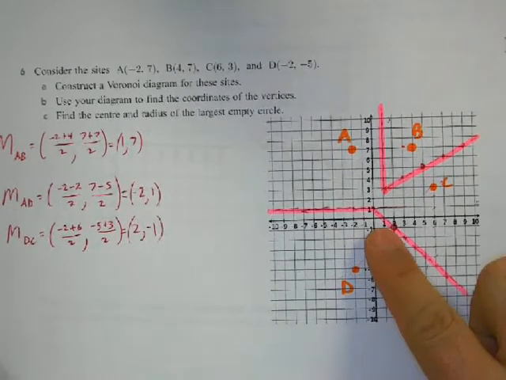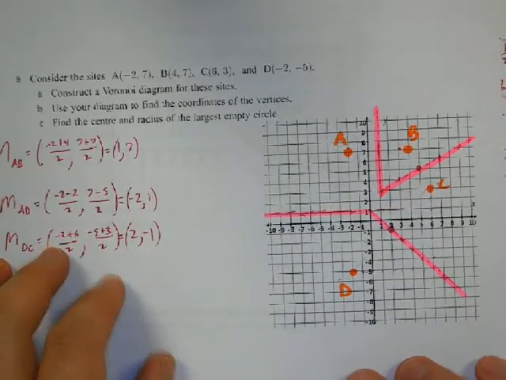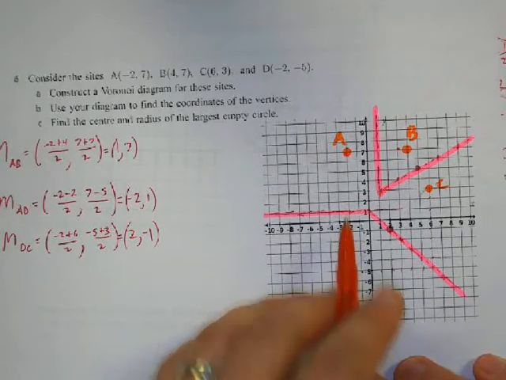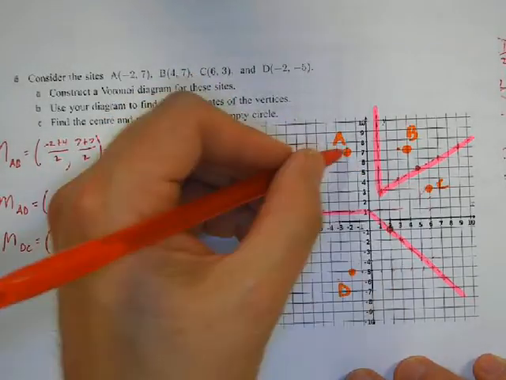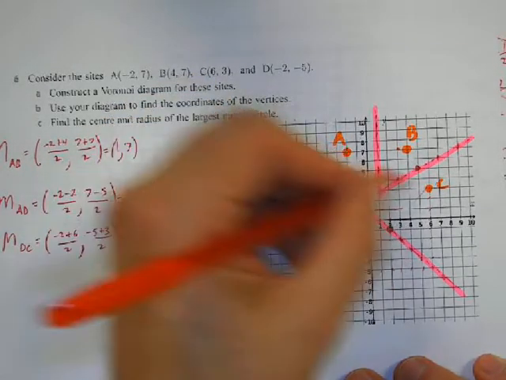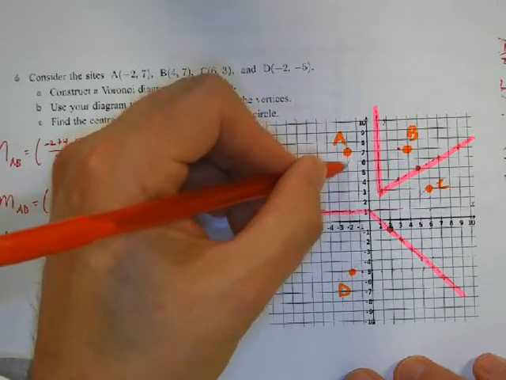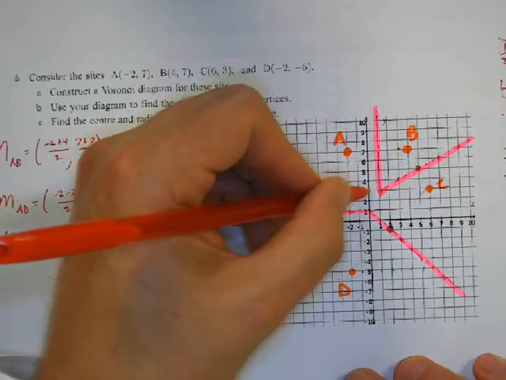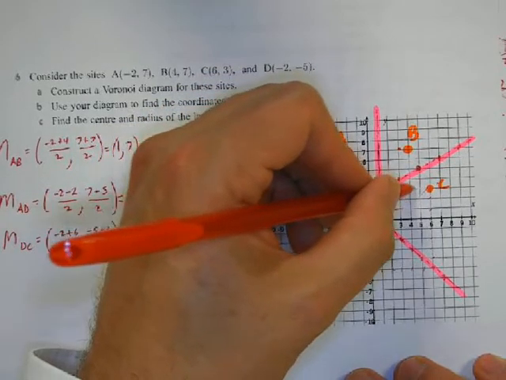What's last is the boundary line between A and C. This goes down 1, 2, 3, 4, and it goes over 1, 2, 3, 4, 5, 6, 7, 8.